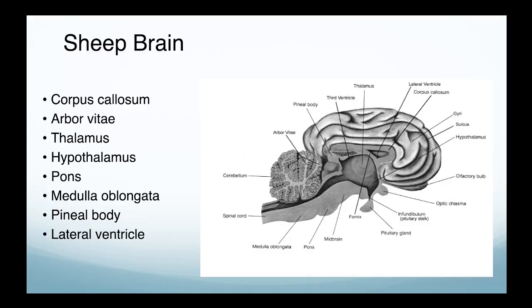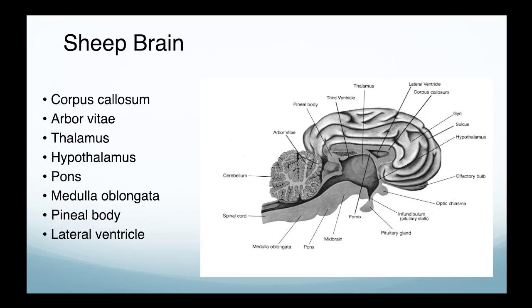All right, so here's the sheep brain. The main things that we're going to try to identify are the corpus callosum, which is the region connecting the left and right cerebral hemispheres. We're going to try to find the arbor vitae within the cerebellum. We're going to try to identify the thalamus, the hypothalamus, pons, medulla oblongata, pineal body, as well as the lateral ventricles.